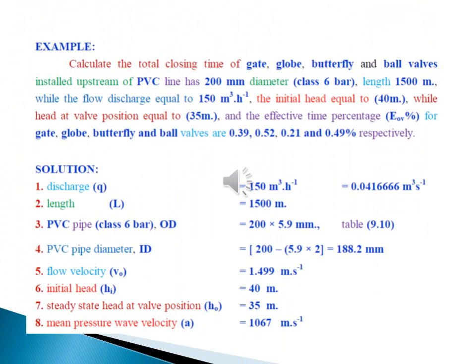Look, my dear, an example on calculating the total closing time for gate, globe, butterfly, and ball valves installed upstream of a PVC pipeline, and the solution is clear in front of you.